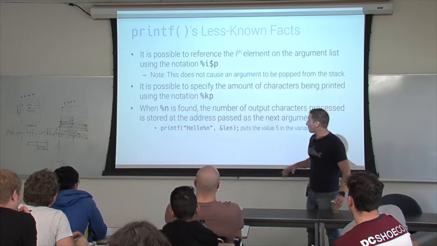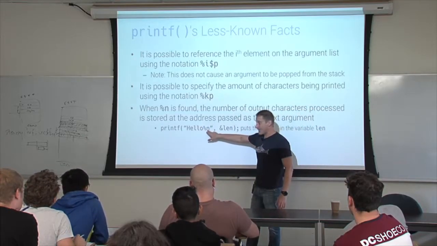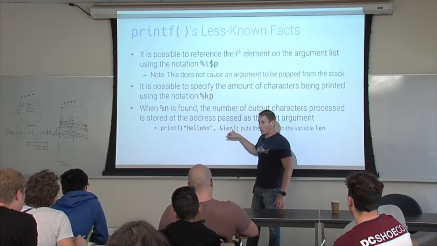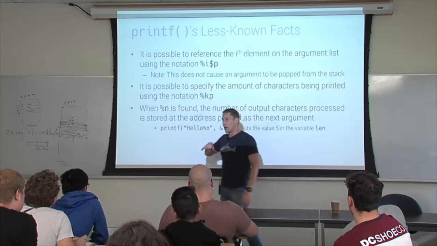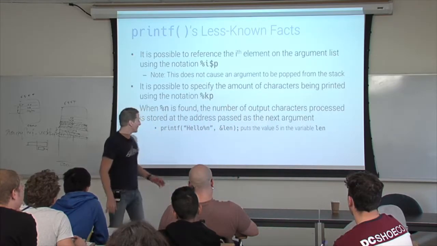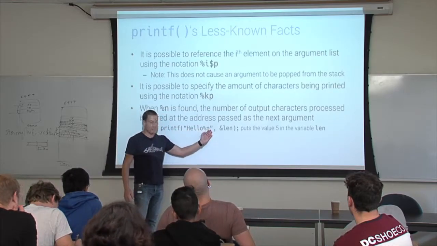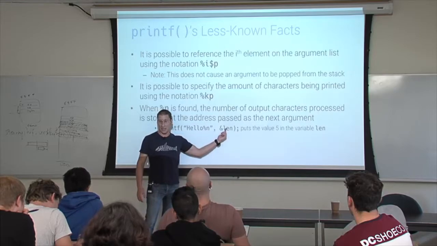So %n allows you to write in the corresponding variable, which is considered an address, the number of characters the printf printed up to that point. Okay? So look at this beautiful example. You see in "hello %n", there's only one parameter, and you pass an address.